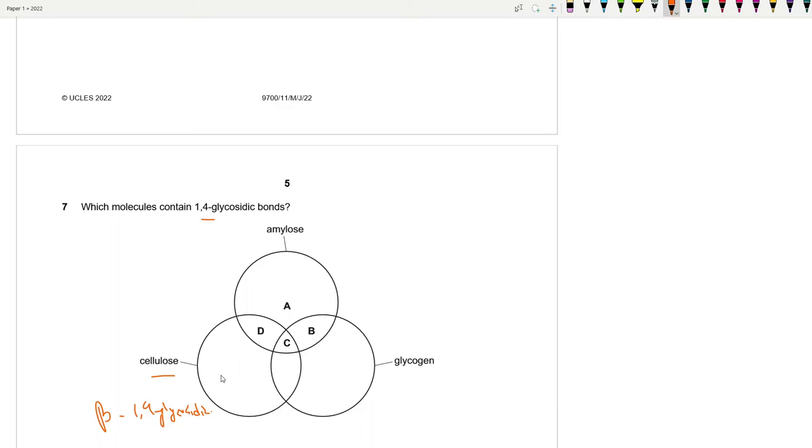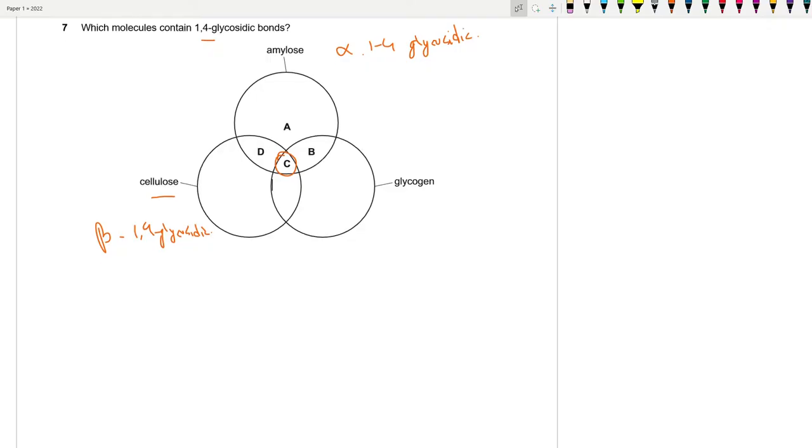Okay. Amylose contains alpha 1,4 glycosidic bonds only. It doesn't contain alpha 1,6. That's amylopectin, it contains both. Glycogen contains both 1,4 and 1,6 alpha glycosidic bonds. So all three of them do contain 1,4 glycosidic bonds. It wasn't mentioned whether it was alpha or beta, so C is the answer.